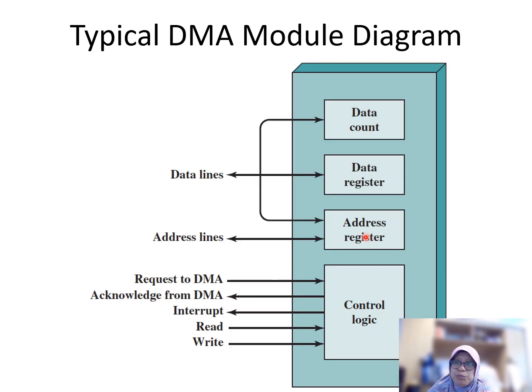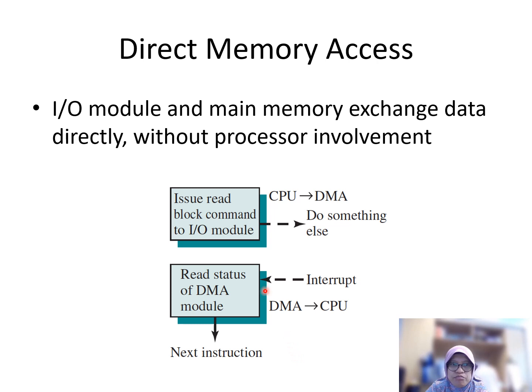So this is a typical DMA module diagram. It has data lines, address lines, and control lines. In direct memory access, the I/O module and main memory exchange data directly without the processor's involvement. Here, the CPU would issue the I/O command to the DMA and then do something else.